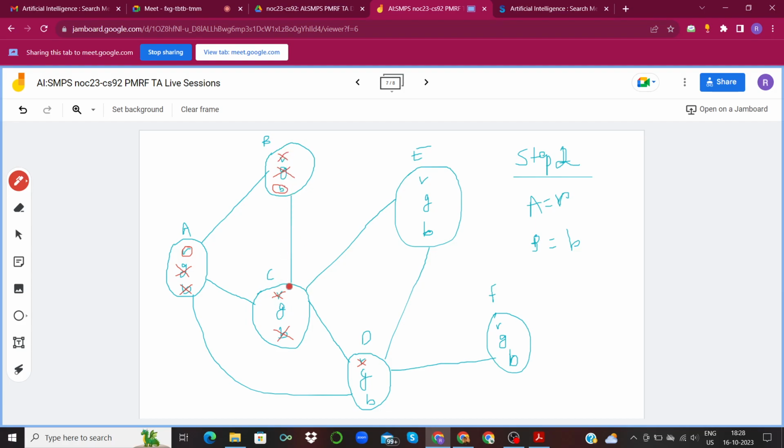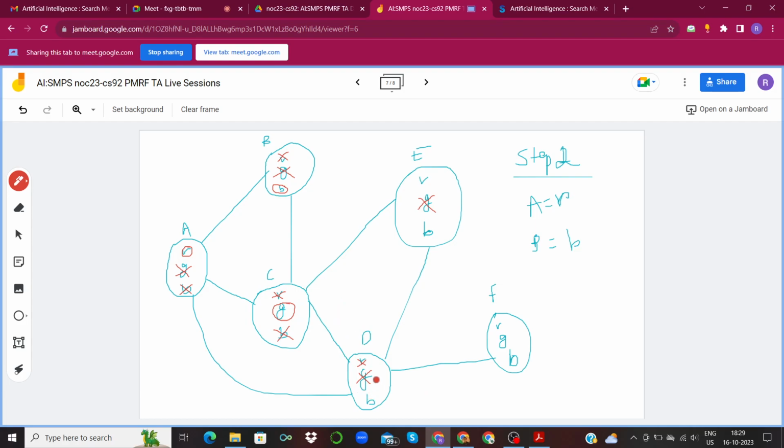Since C is connected to B, it cannot be assigned B either, and since C is connected to A, it cannot be assigned R either. So there is only one option left for C, which is green, right? Now since C has been assigned G already, we will remove G from E and D, right? Because E and D are both adjacent to C.